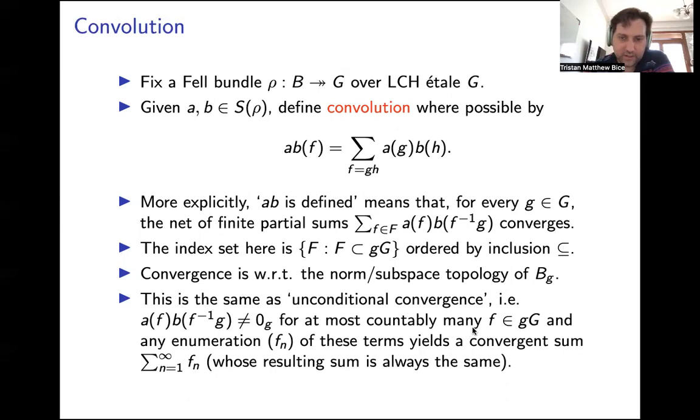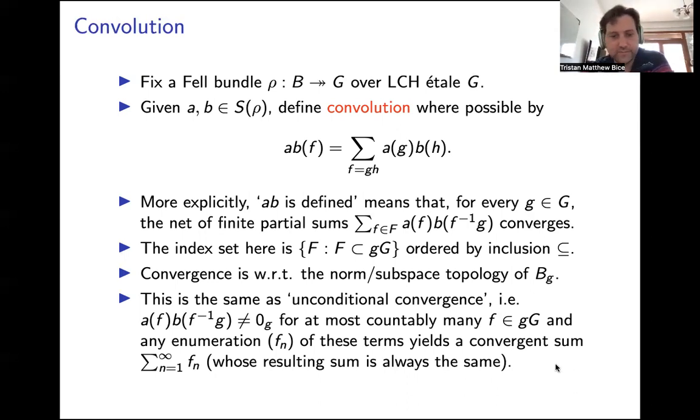And any way that we decide to enumerate them, the terms should again yield some convergent sum, and the resulting limit should not depend on how we enumerated them at all. That's why it's unconditional convergence. It's perhaps not immediately obvious, but you can show that unconditional convergence is really the same as convergence in this setting. But I think seeing it as convergence of a net of finite partial sums is perhaps more useful and more intuitive.